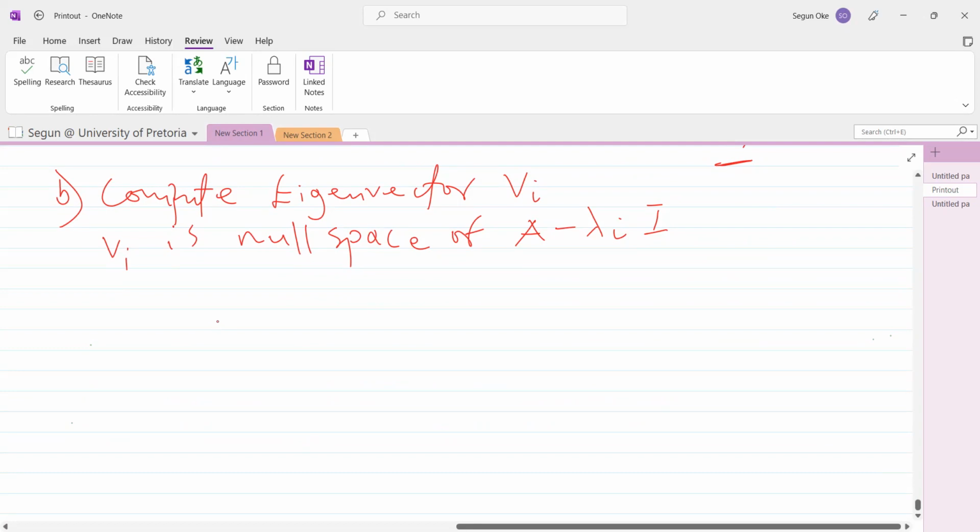So you can check it one after the other. What do you have when your lambda equals 0? What do you have when lambda equals 2? And what do you have when lambda equals 4?